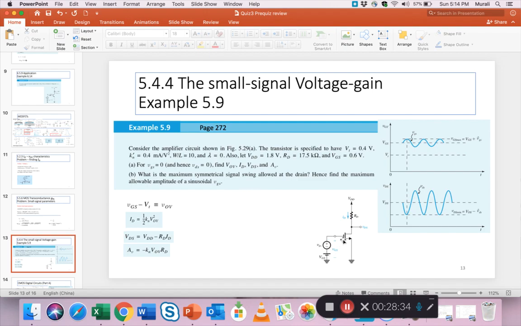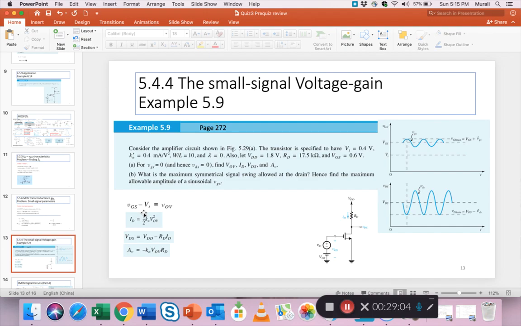That means at this input on the drain side, what value can this VGS take up and down? If assuming it's an alternating source like this, what peak can it go on the positive and what peak can it go on the negative, so that we are still in saturation? That's the question.